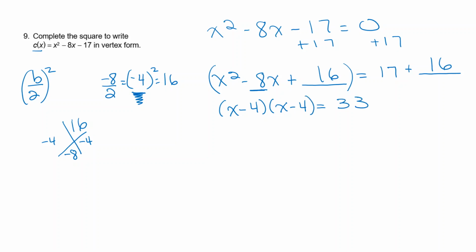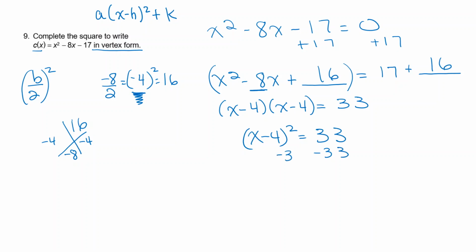So now I'm almost finished. This is the same as x minus 4 squared equals 33. But it tells me to write it in vertex form. So let's remember what vertex form is. Vertex form is a times x minus h squared plus k. So I'm going to go ahead and subtract this 33 back over to this side.